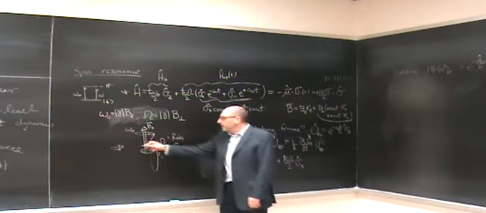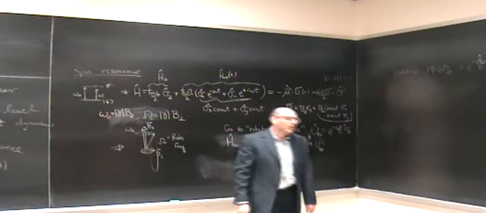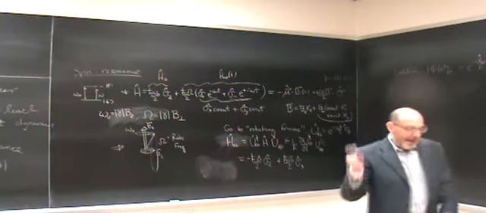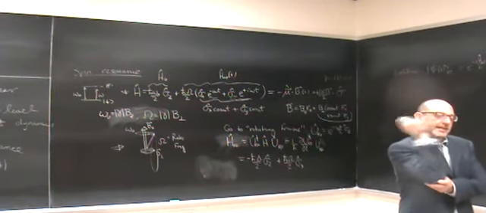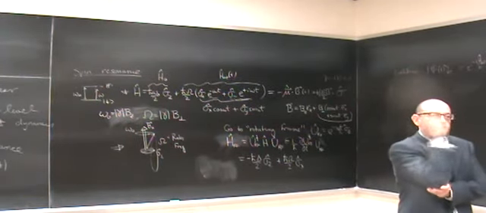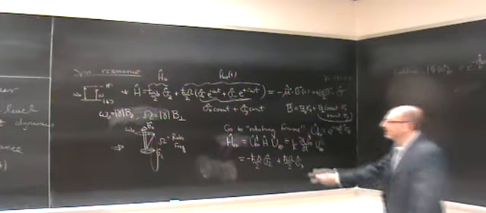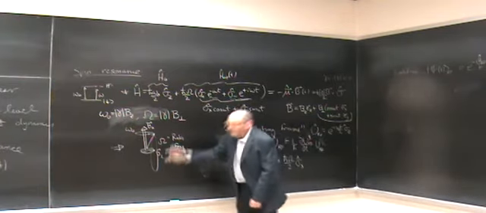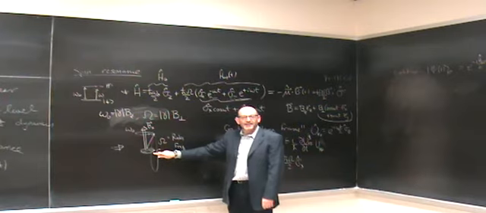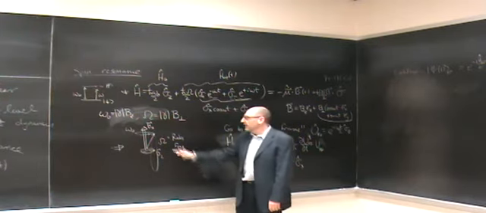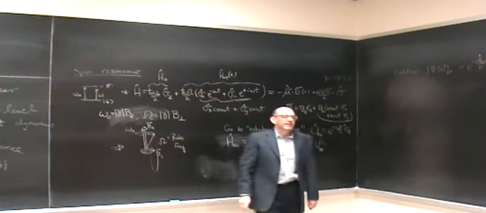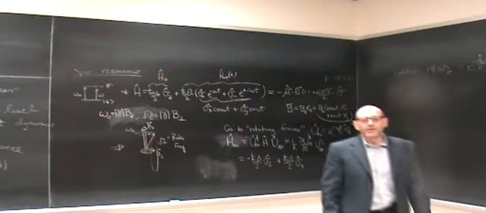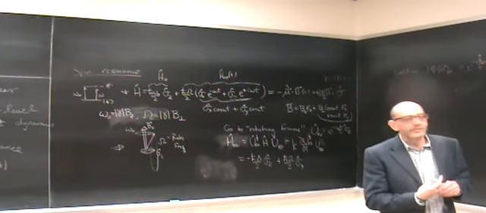So when the rotating field frequency matches the free Larmor precession around the z-axis, then this thing will Larmor precess around the transverse field at this frequency, capital omega, which we call the Rabi frequency.